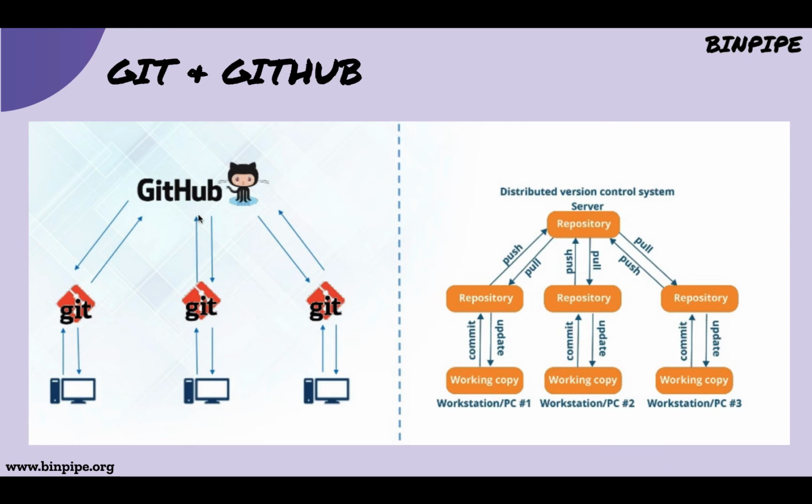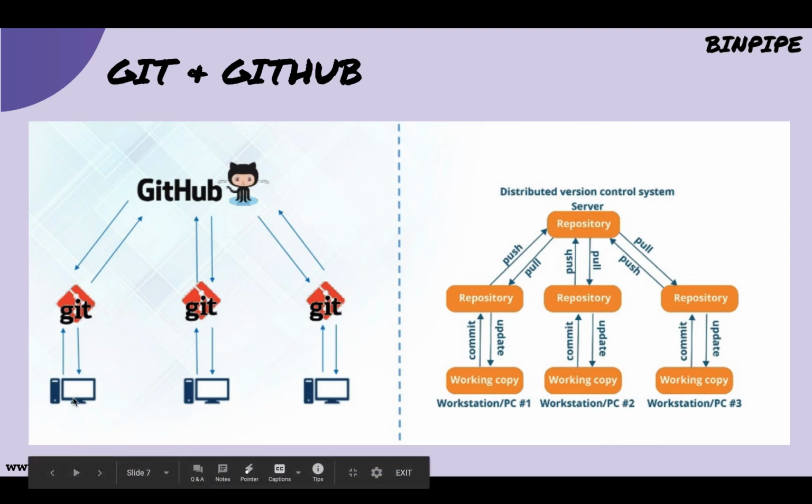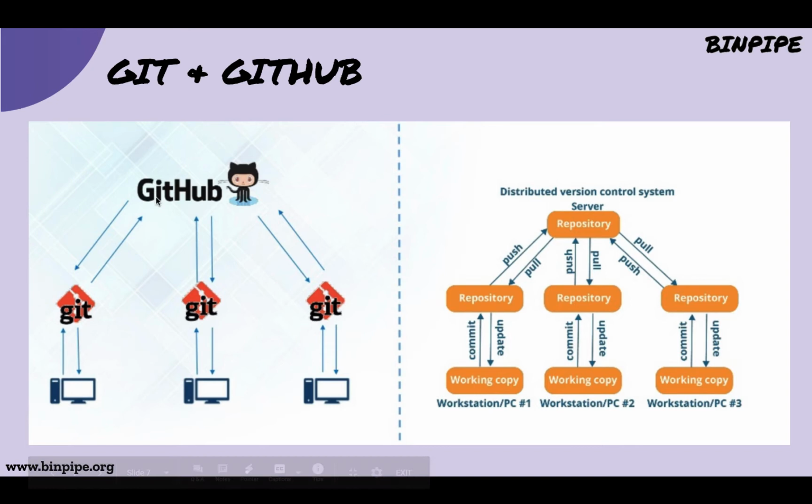Okay, so looking at the diagram, here we can see we have our own desktops, meaning the developers' desktops. They have the Git client installed, and using that there are to and fro interactions with GitHub, which is the centralized server here. So by the model of Git, we are using a decentralized, distributed approach, but we keep GitHub as the remote repository so that it acts as a point of merging between all these participants.